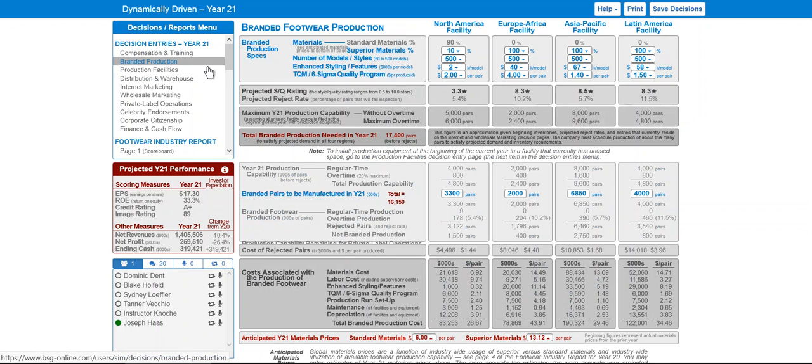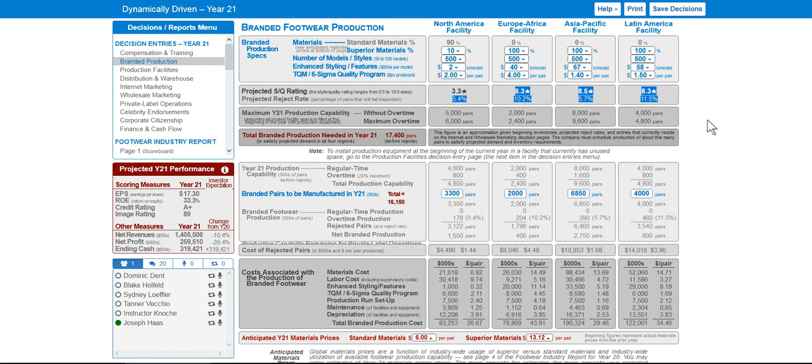If you go to your branded production screen, you see projected reject rate, and I tried lowering all of these under 10% through the years.